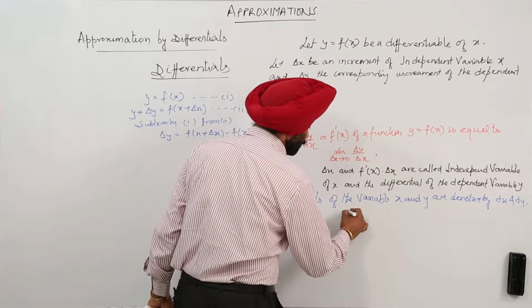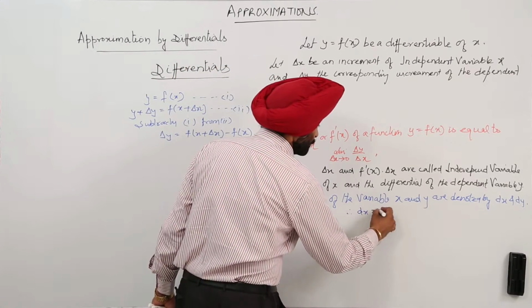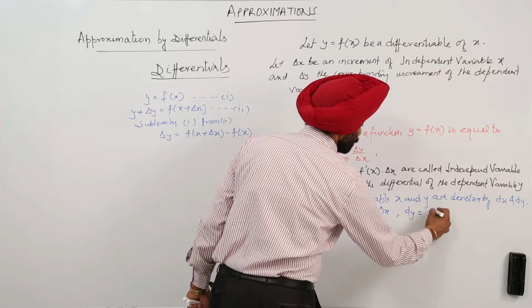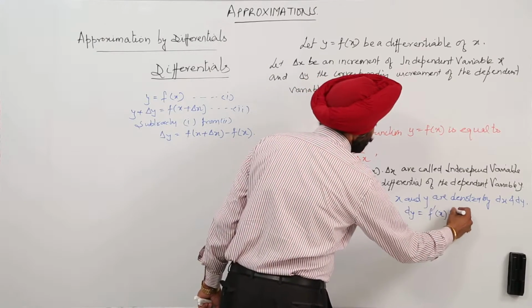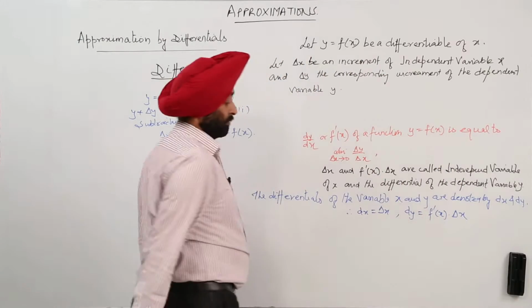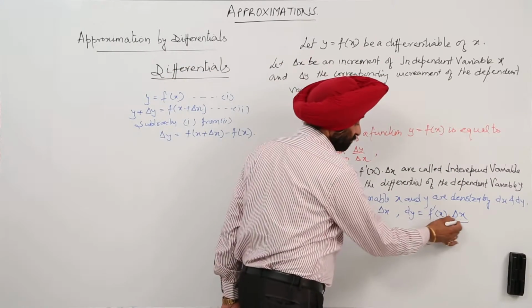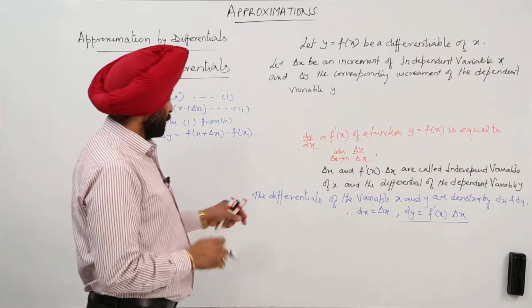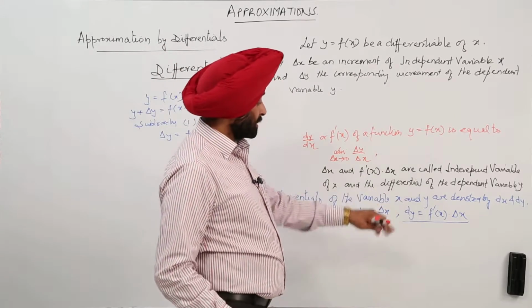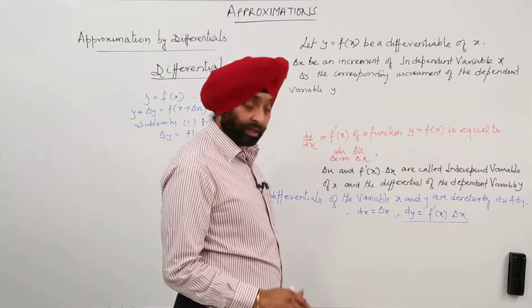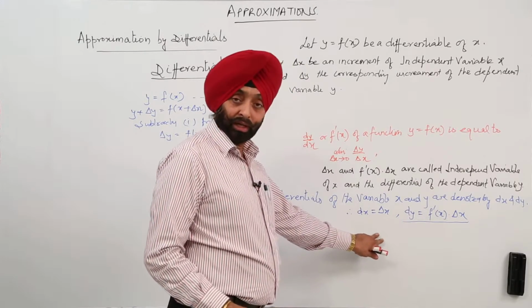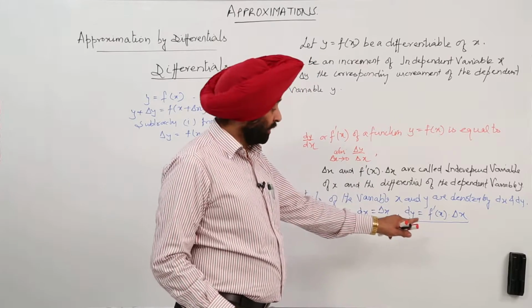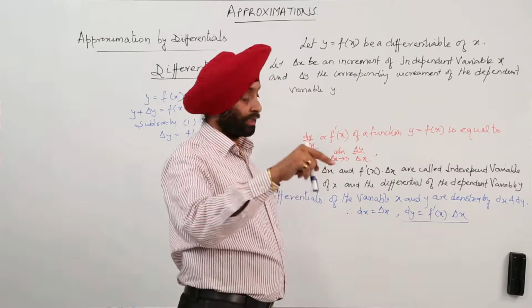We are using the word differentials, isn't it? Therefore dx is equal to delta x and dy is equal to f derivative x with delta x. This is the main basic thing. Dx can be written as delta x and dy will be written as f derivative x times delta x.